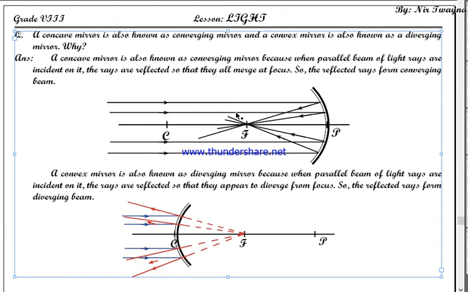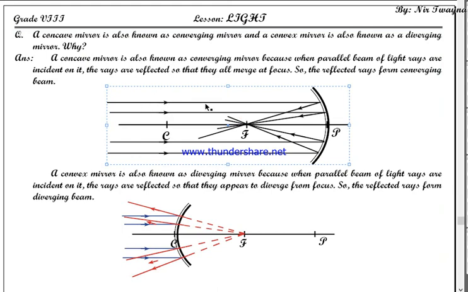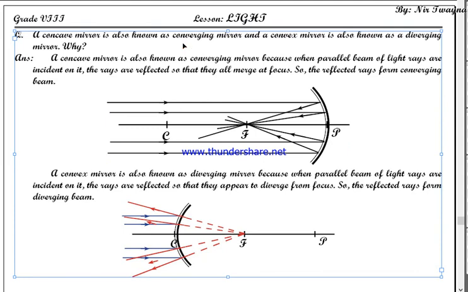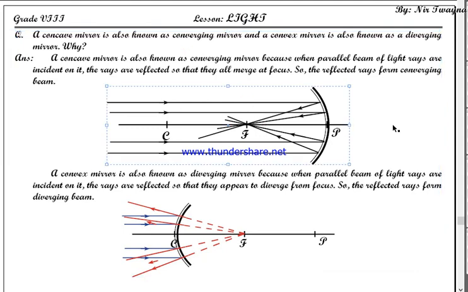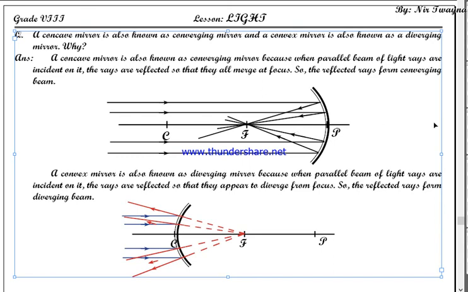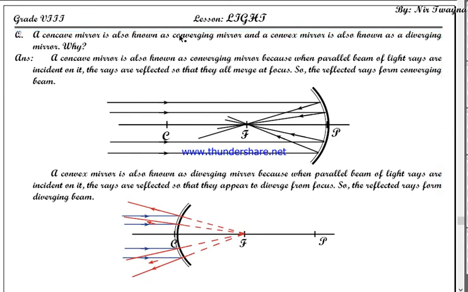Why? In case of concave mirror, if incident rays are parallel beam, then reflected rays are convergent beam. It converts parallel beam into convergent beam. That's why it is converging mirror. You know convergent beam, isn't it?